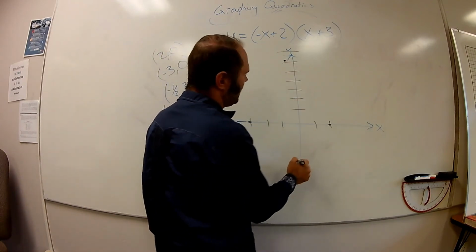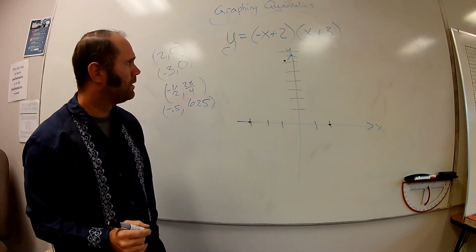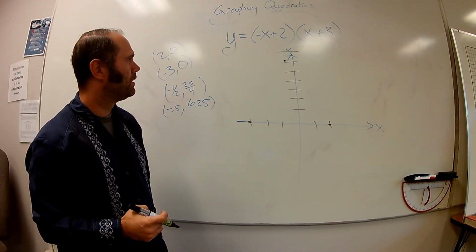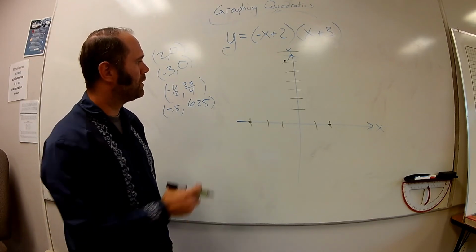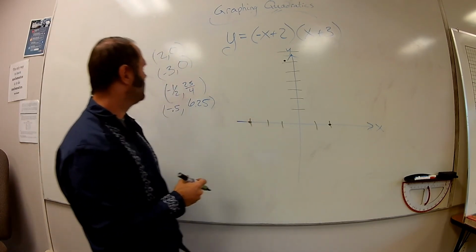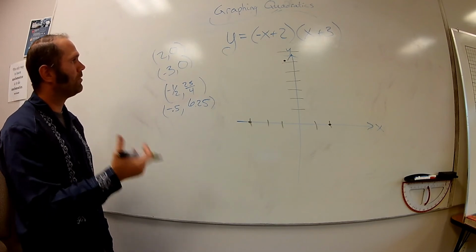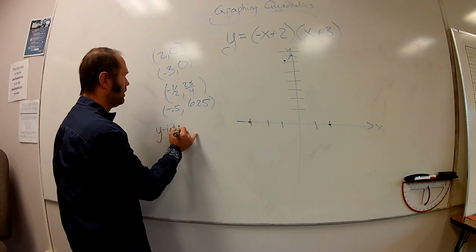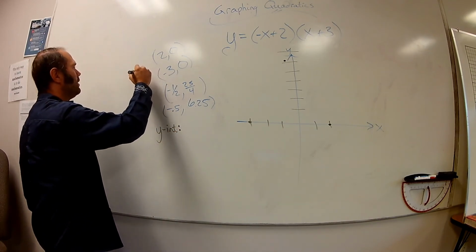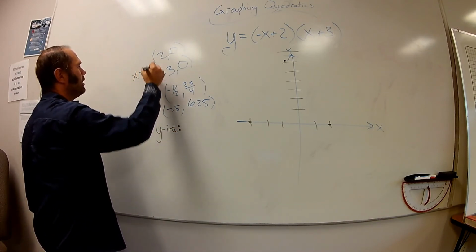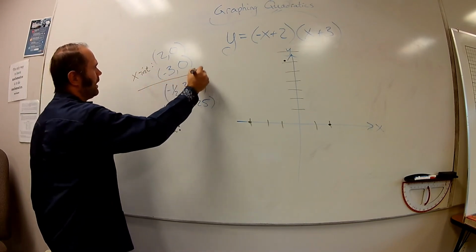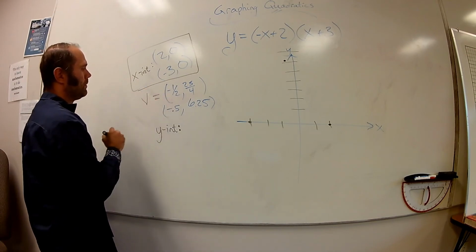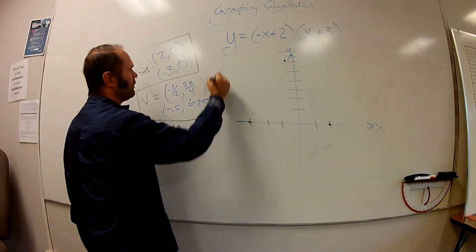And the other thing we could find is the y-intercept. That could help a little bit with the picture if we have our graph well made. So we can plug 0 in for x to find the y-intercept. Here are our x-intercepts. These two are our x-intercepts, our solutions. This is our vertex, written two different ways.